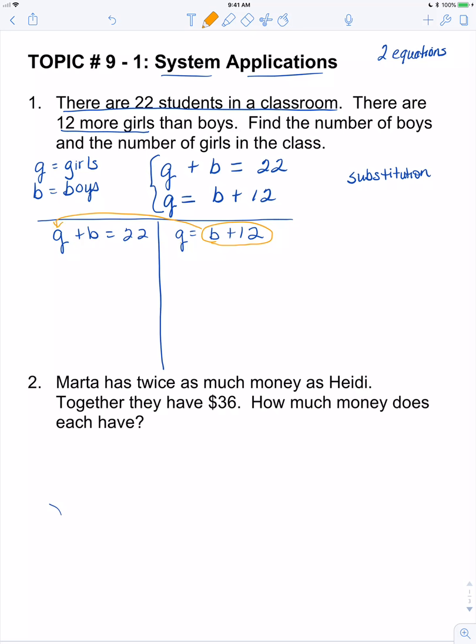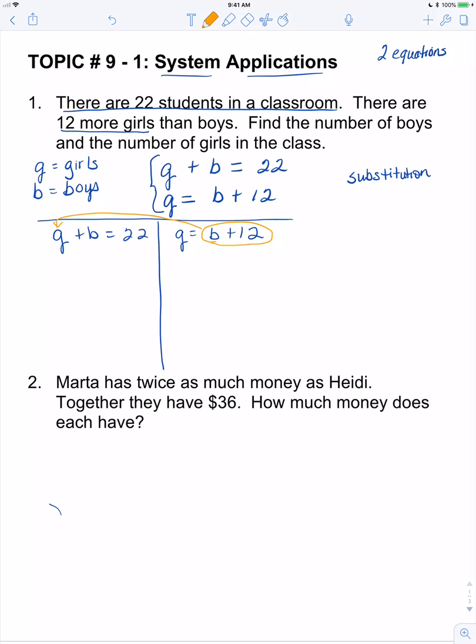If we combine our like terms, we've got 2B plus 12 is equal to 22. Here we would subtract the 12 from both sides and start solving for B. So 22 minus 12 is 10. Divide by 2 on both sides.